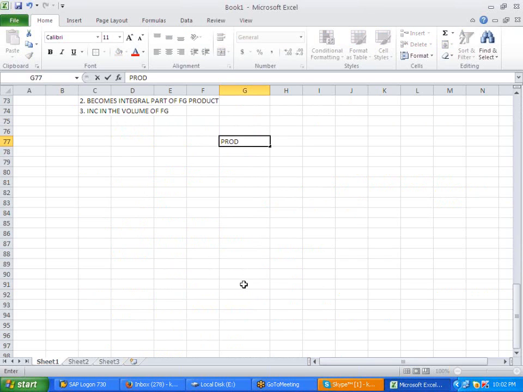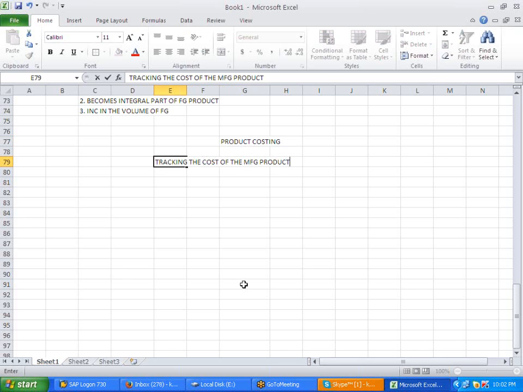When I use the word product costing, you can put it like this: tracking the cost of manufacturing a product.